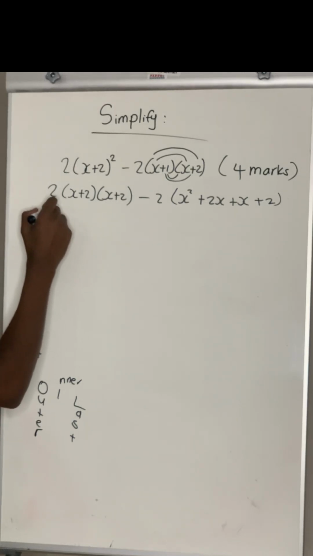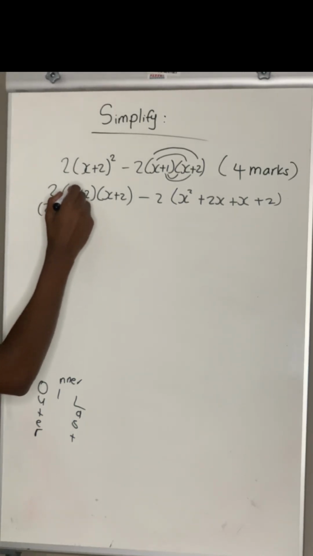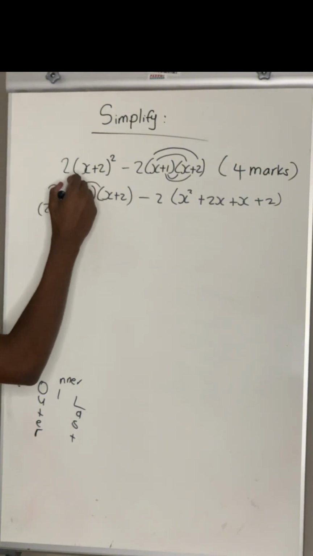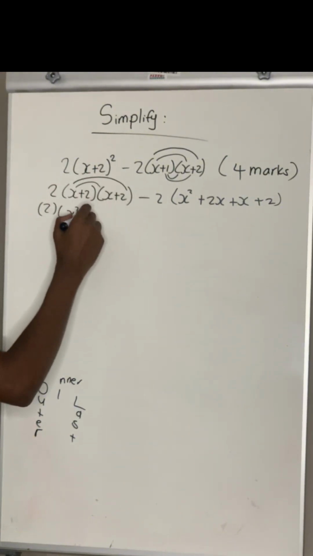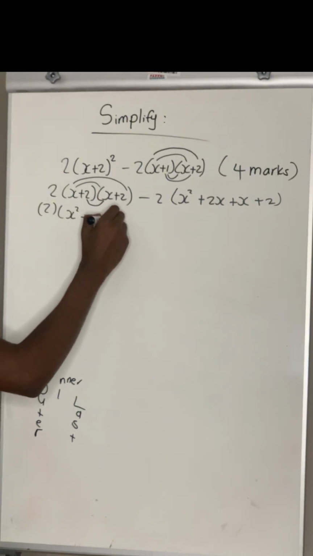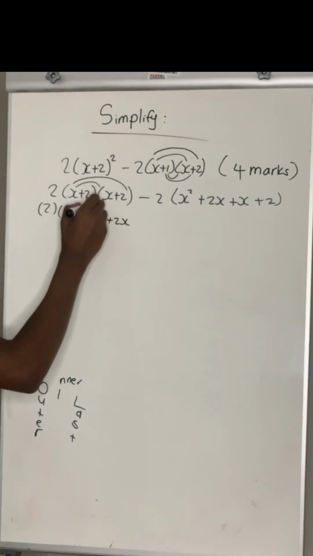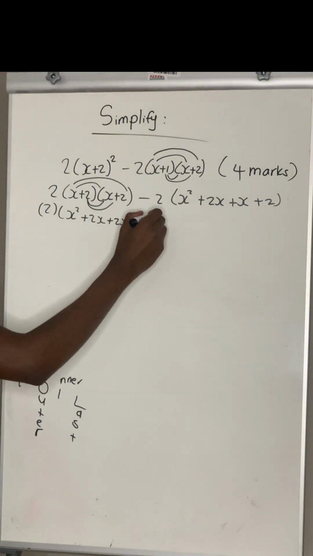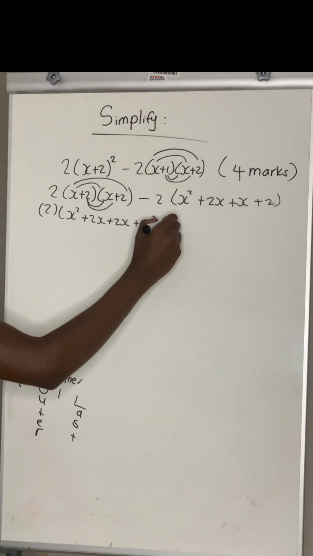So 2 multiplied by x times x, that is x squared, okay? X times 2, that is positive 2x. 2 times x, that is positive 2x. 2 times 2, that is positive 4. You close the brackets.